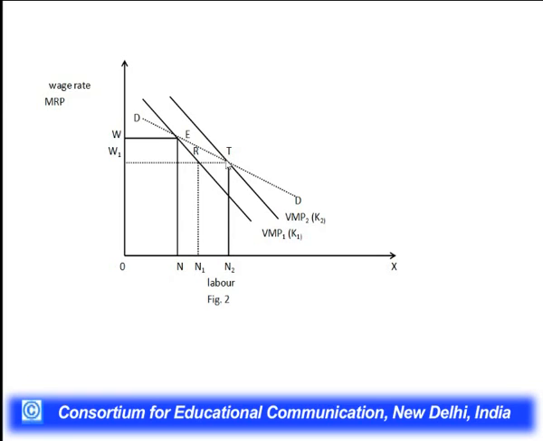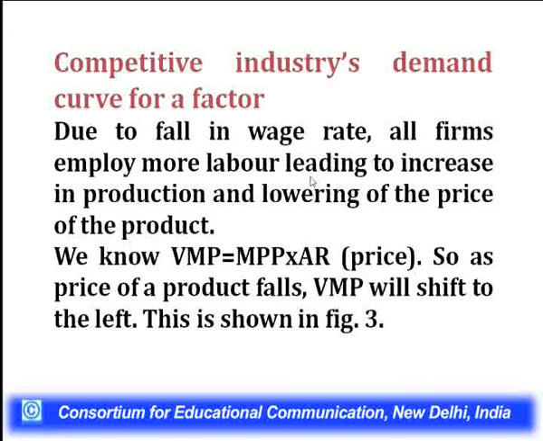So you get another point T. By joining the point E and T, we get the demand curve for labor for a competitive firm when all the factors are variable. And it is clear from the diagram that this demand curve is more elastic as compared to VMP1 or VMP2.